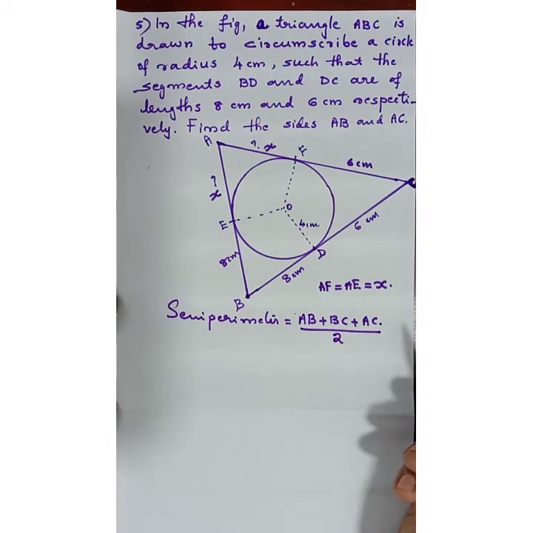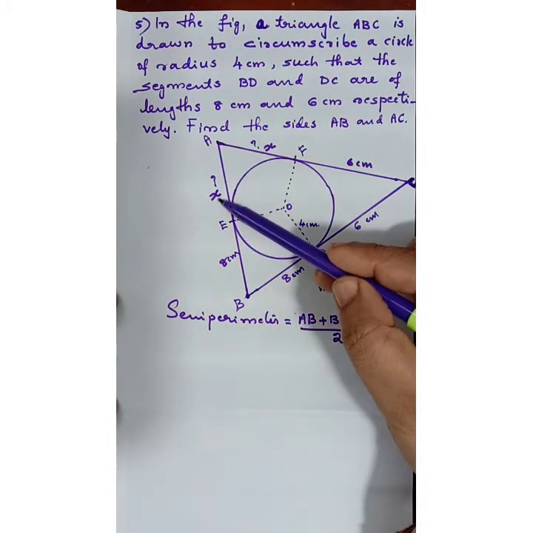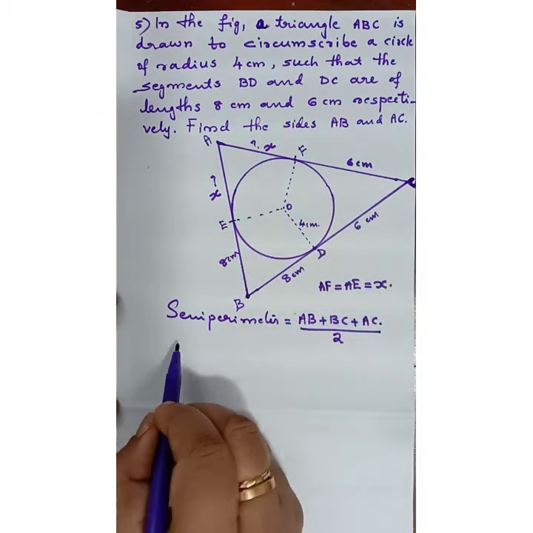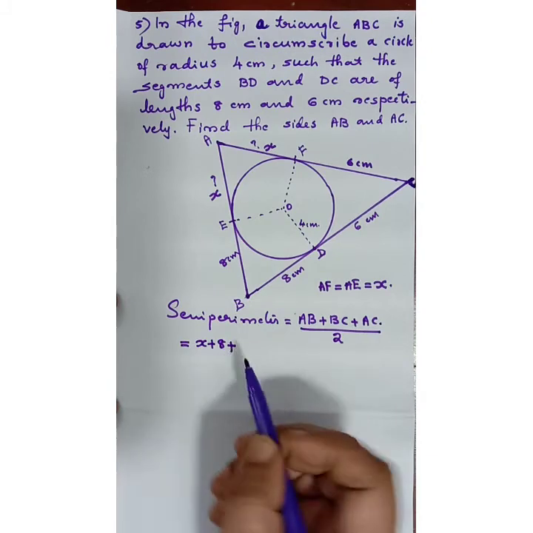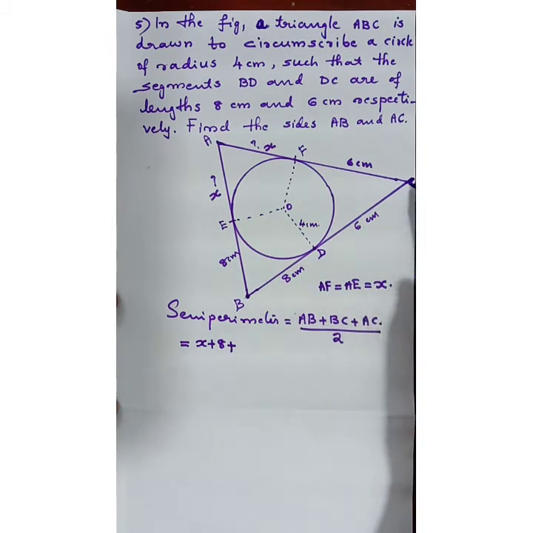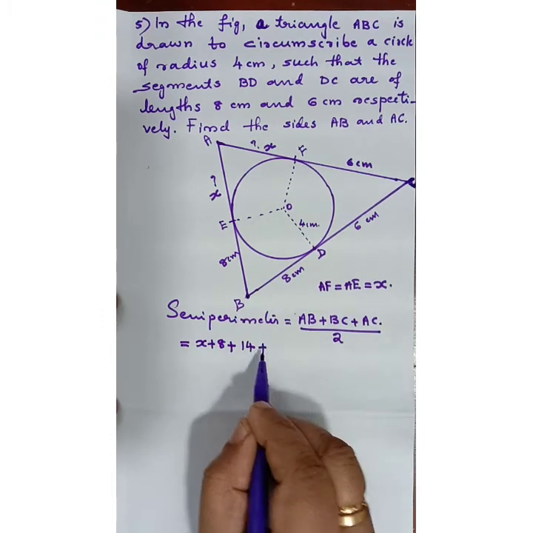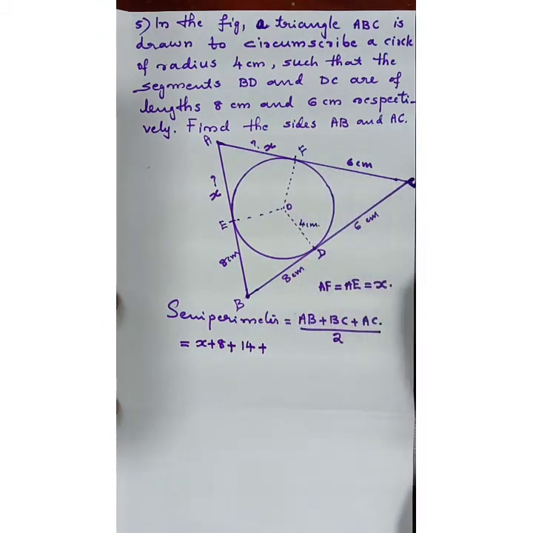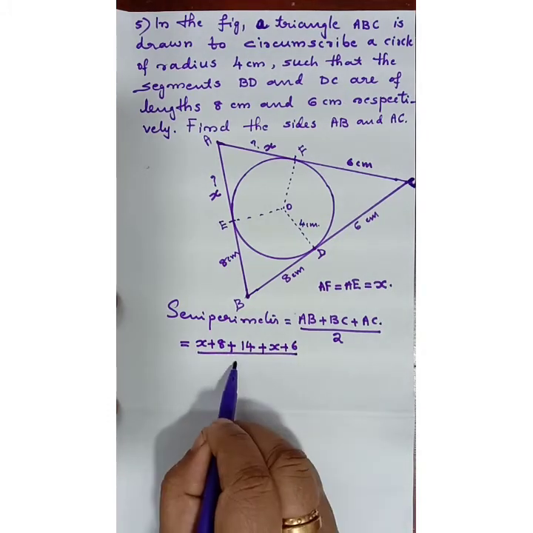What is this AB now? It is the sum of X and 8. So that is X plus 8 plus BC. BC means 8 plus 6, which is 14, plus AC, which is X plus 6, divided by 2.